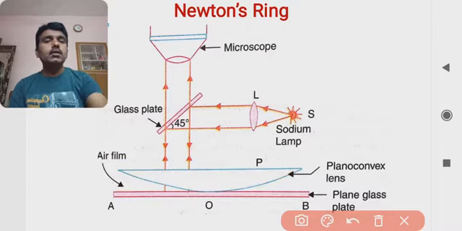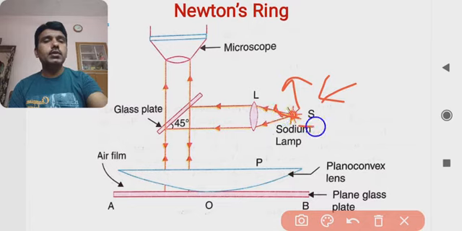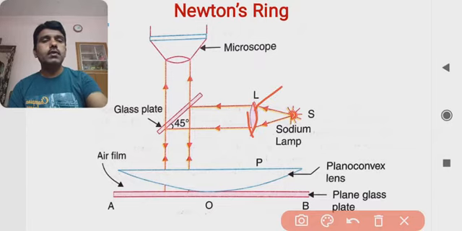And here the source is simply ordinary light which disperses in all directions, and here it is a sodium light.